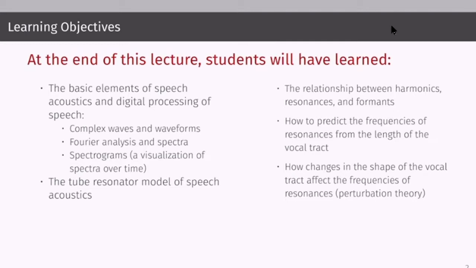And this is something that is hard for most students. So this is not easy to get your head around or to keep these straight. So we'll spend a little extra time clarifying that. You'll learn how to predict the frequencies of resonances from the length of vocal tracts and how changes in the shape of the vocal tract affect the frequencies of resonances.